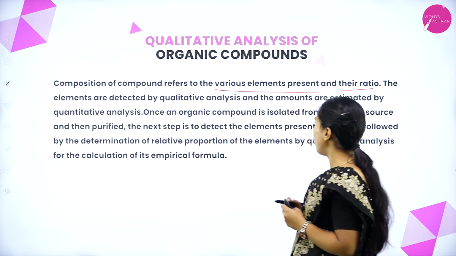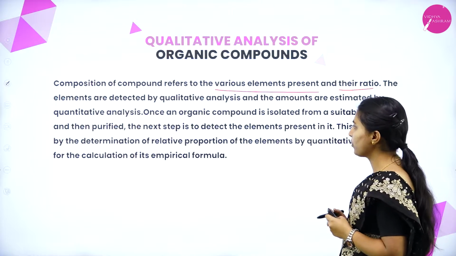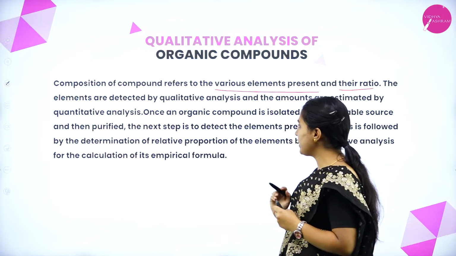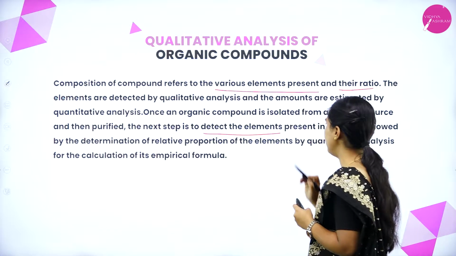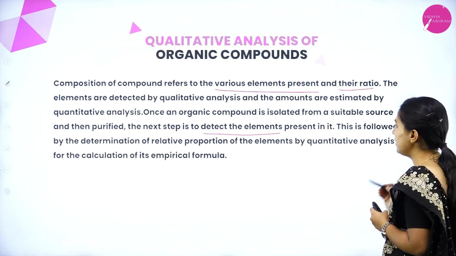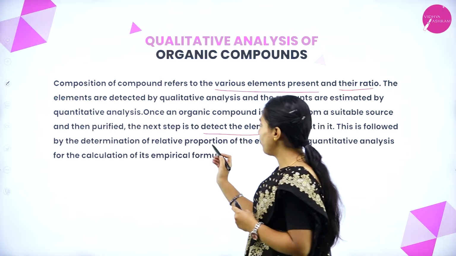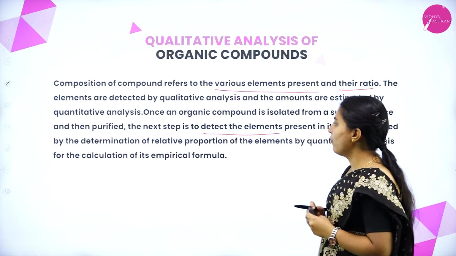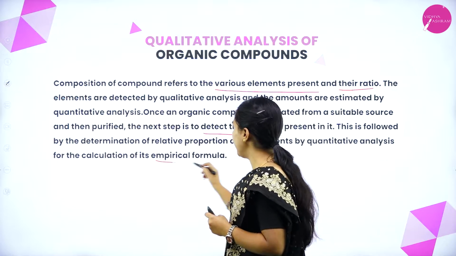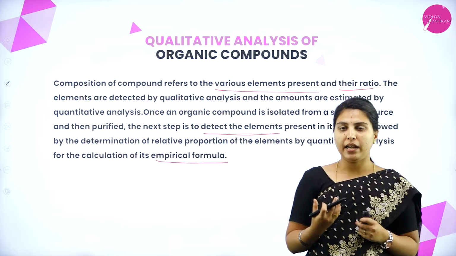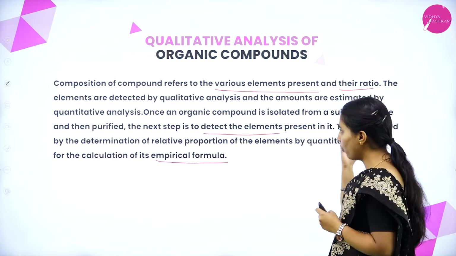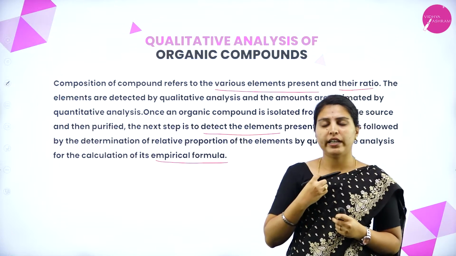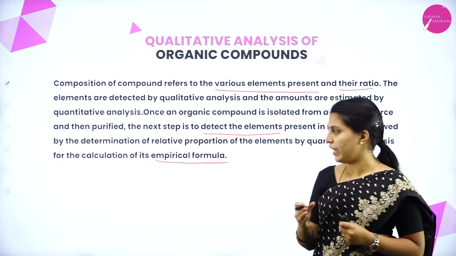Once an organic compound is isolated from a suitable source and then purified, the next step is to detect the elements present in it. This is followed by the determination of the relative proportion of the elements by quantitative analysis for the calculation of its empirical formula. Once again I am explaining: overall, purification and each step has been done.